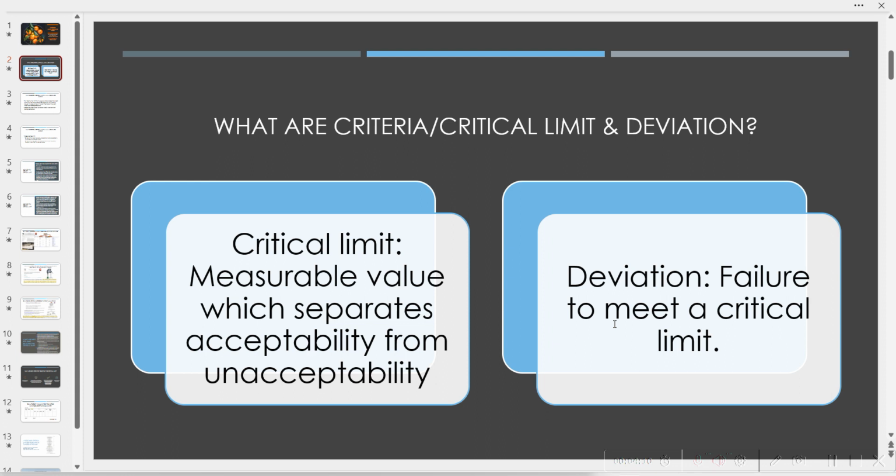Alright? So, any value that falls beyond this critical limit is considered a deviation. Contoh, for example, in Malaysia, for us to slaughter a chicken, there are 4 veins that you need to sever. Ada 4 urat yang perlu dicederakan.